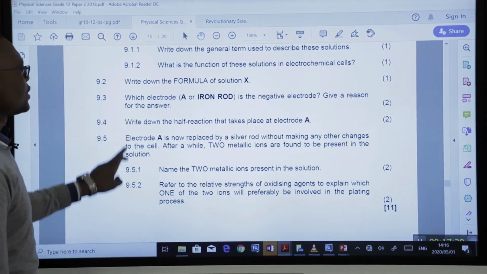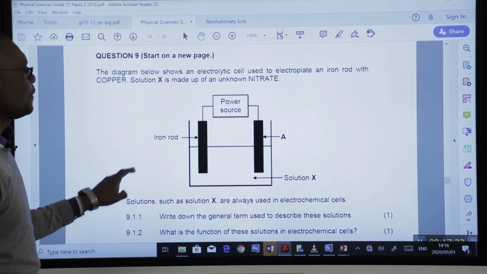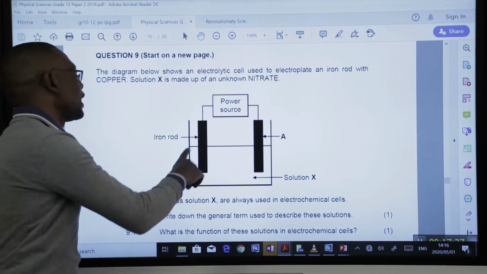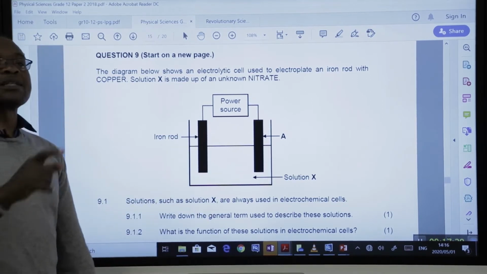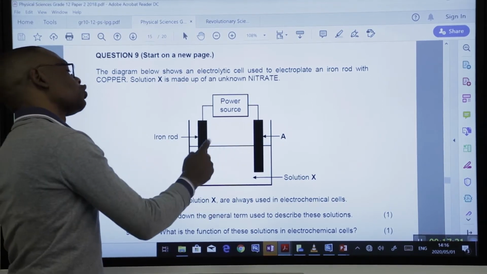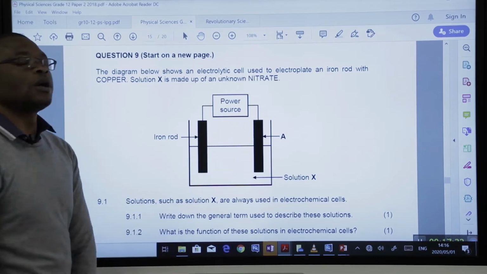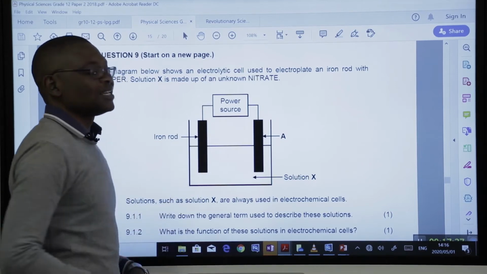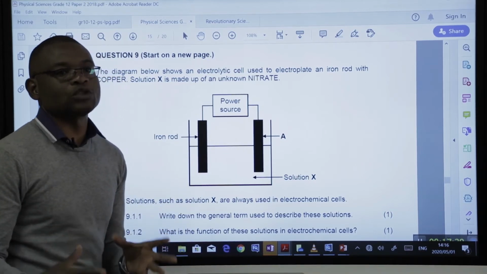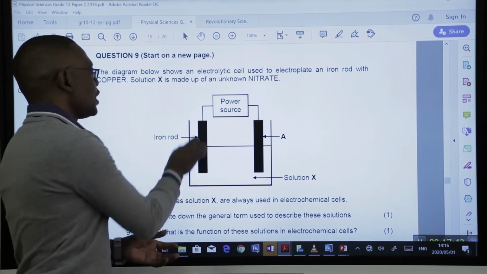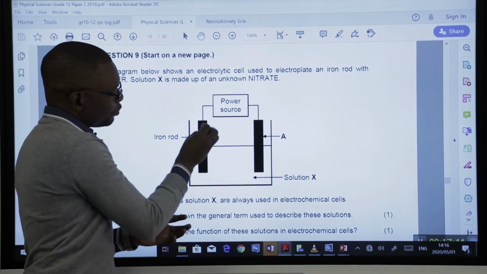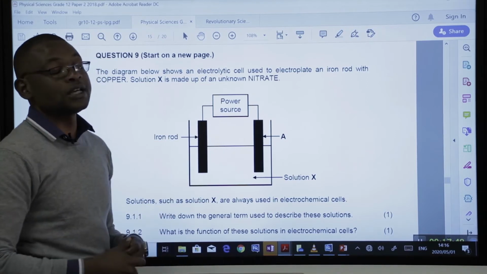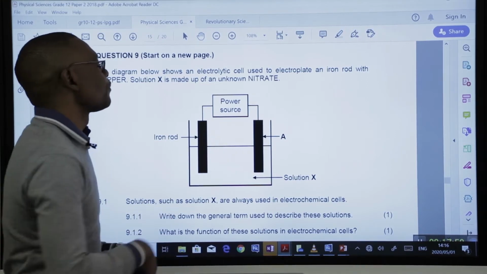So from what I've just said, for the copper to electroplate, the ion must come and pick up electrons on the iron rod. So this iron rod is full of electrons, which means the iron rod is negatively charged.